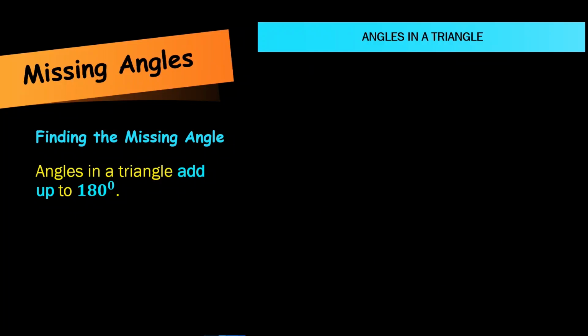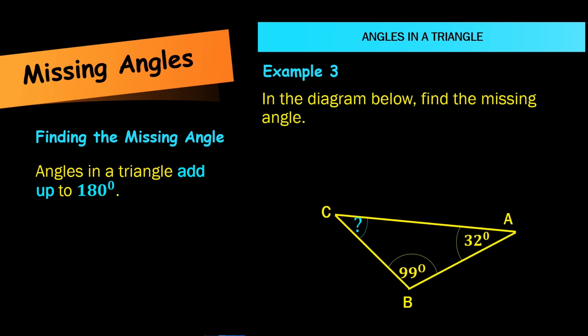Angles in a triangle also add up to 180 degrees. Let's find the missing angle in the triangle. In this example, find the missing angle.